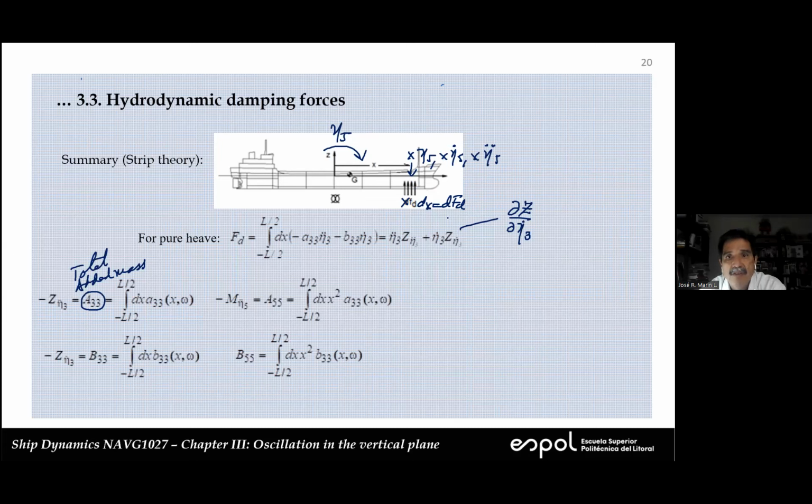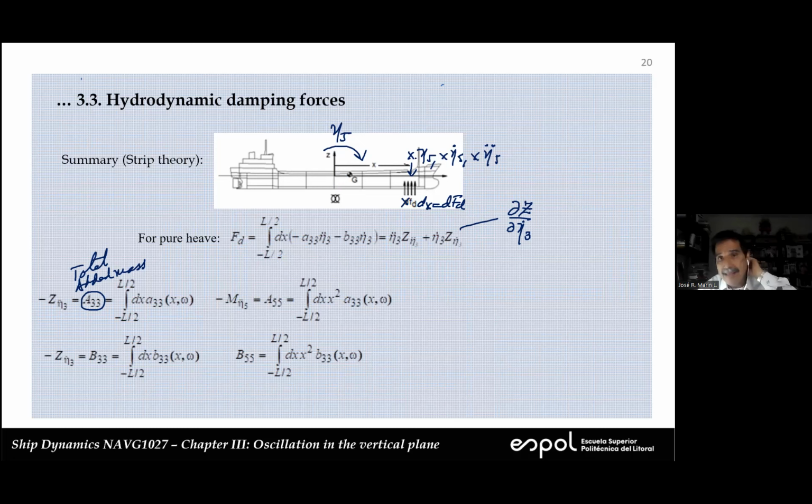This is the same force which is developed here against this velocity, against this acceleration. So we could use the same A33 and B33 in order to calculate the moment. This is what we obtain. Remember that to calculate moment, we need to multiply the force times an arm, and the arm is the distance from here to here.